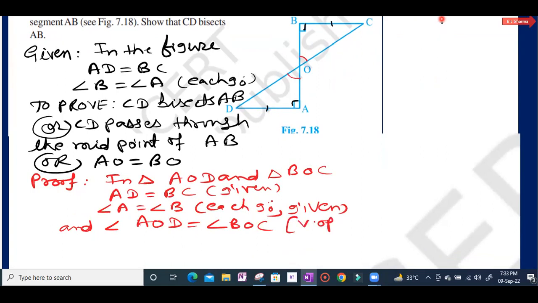These are vertically opposite angles. देखिए, students, we know that when two angles of triangles are equal, then third angle will also be equal because of angle sum property. हम जानते हैं जब दो एंगल इक्वल होते हैं किसी दो ट्राइंगल्स के, तो थर्ड एंगल भी इक्वल हो जाता है. क्योंकि sum of all three angles of a triangle is 180 degree.